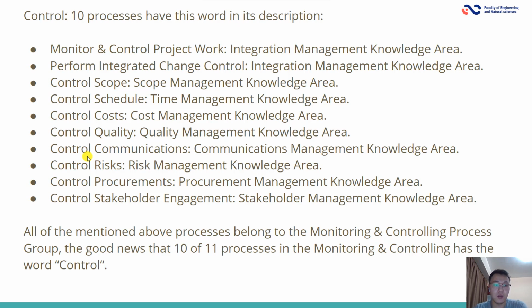All of the processes mentioned above belong to the monitoring and controlling process group. The good news is that 10 of 11 processes in monitoring and controlling have the word control.